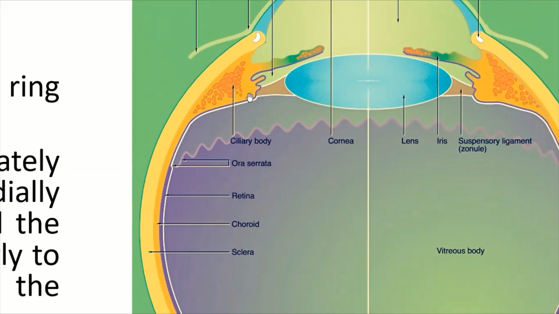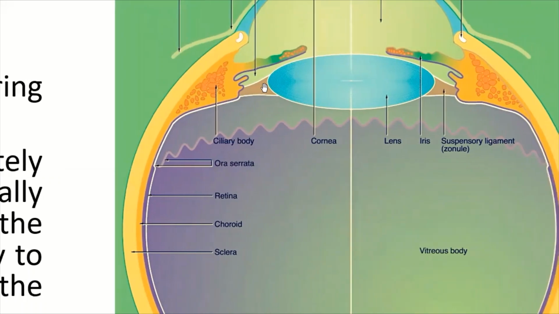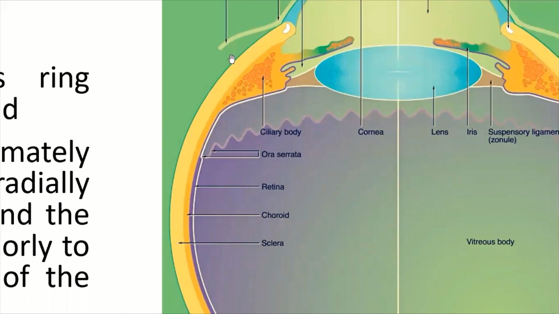These folds are the ciliary processes, right? And they're connected anteriorly here with the iris, and posteriorly with this suspensory ligament, labeled over here, suspensory ligament, or the zonule, right? Attached to the lens via this suspensory ligament, this ciliary body.